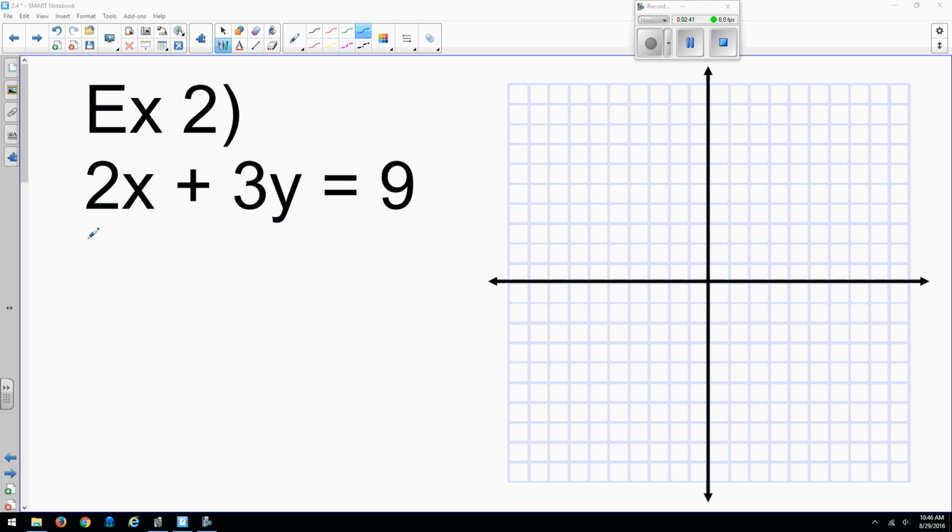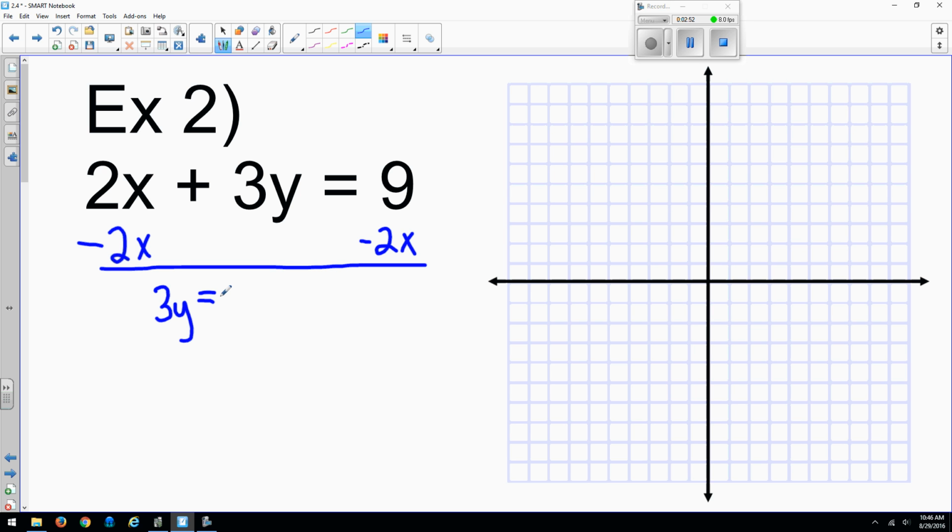So I'm going to go ahead and subtract 2x from both sides. Most important thing with equations is they have to remain equivalent. So whatever you do to one side of the equal sign, you have to do to the other side of the equal sign.